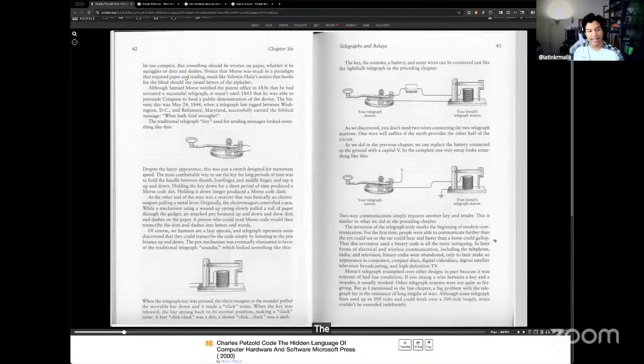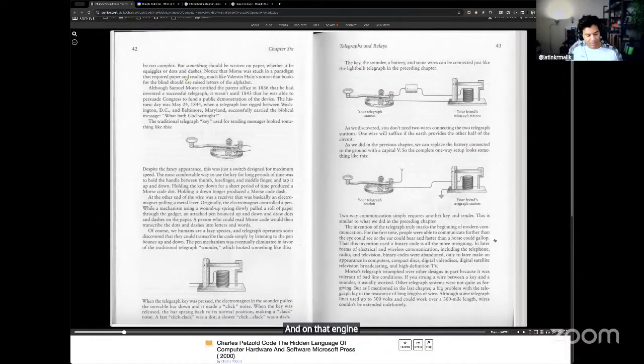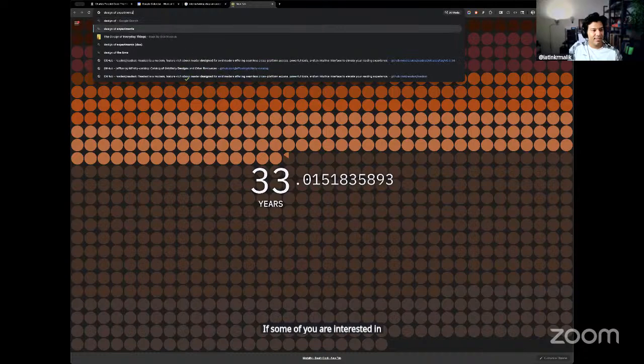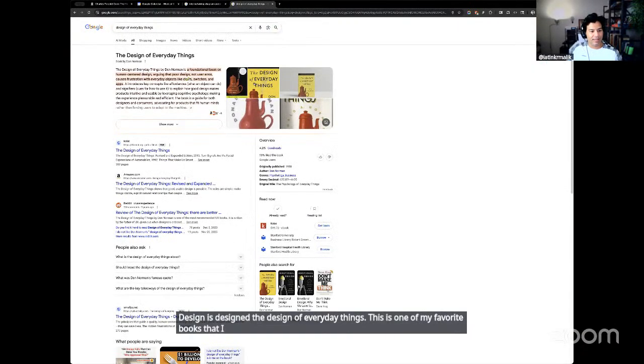The traditional telegraph key used for sending messages looked something like this. And it's very funny, it still looks like this. Hasn't evolved. And on a tangent, this reminds me of a really nice book, if some of you are interested in The Design of Everyday Things. This is one of my favorite books that I read a few years back.